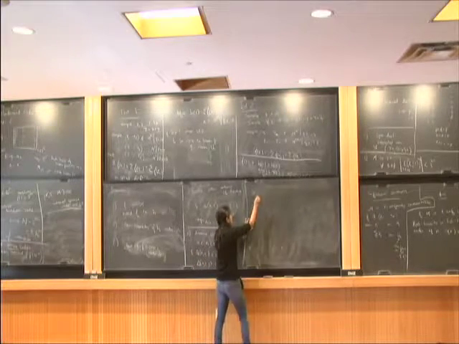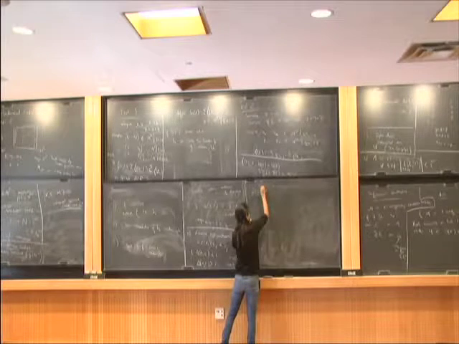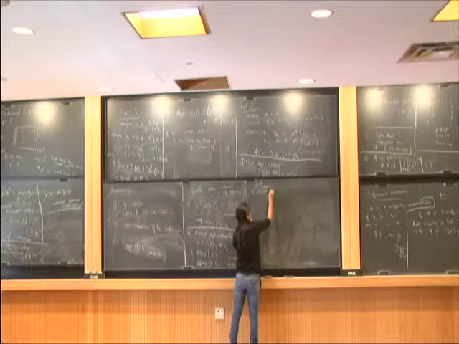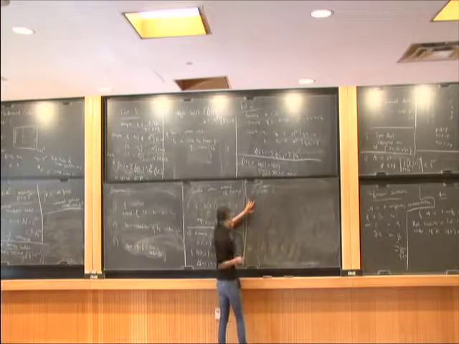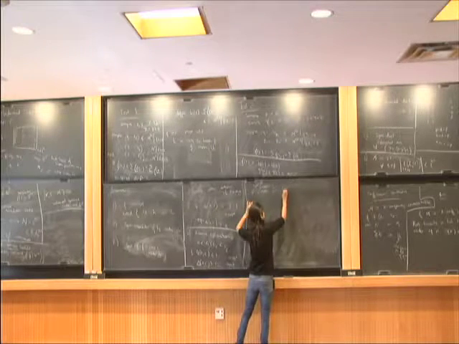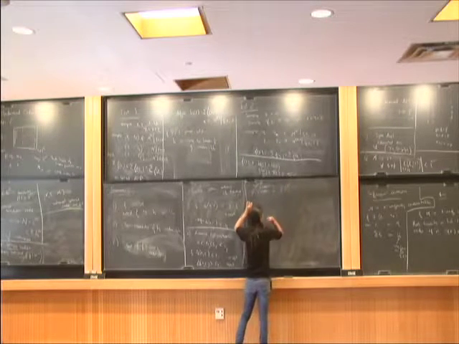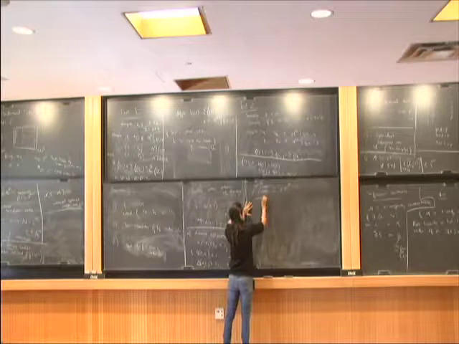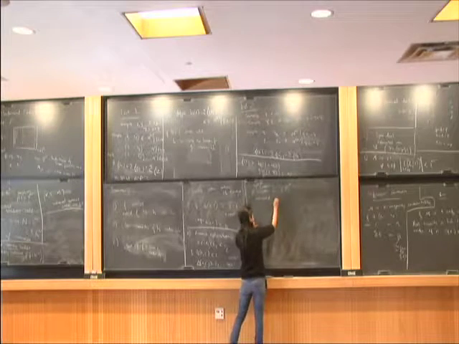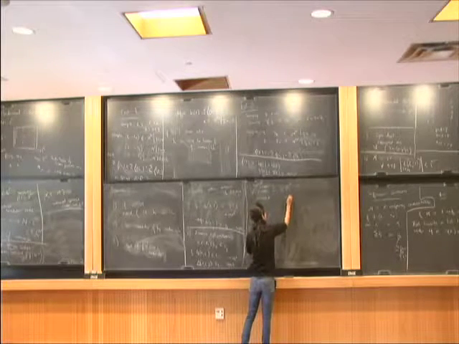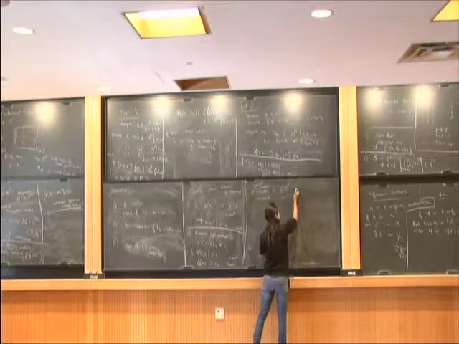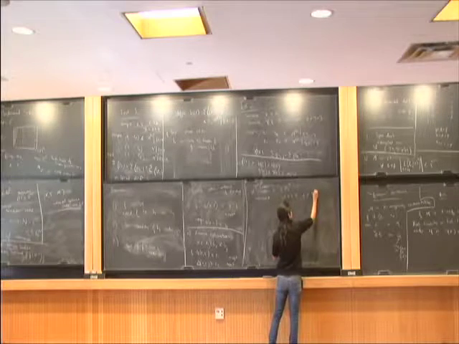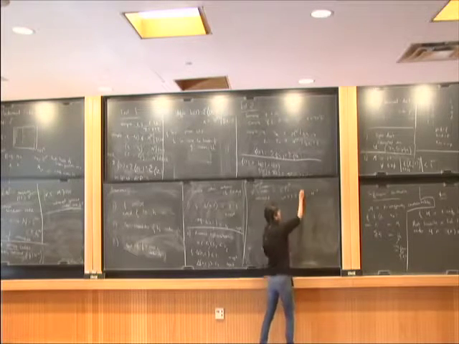So for all sparse linear codes C that are unbiased, where C is a subset of F2 to the n, I mean that the weight of any codeword is between half plus or minus n to the minus gamma, for some constant gamma.